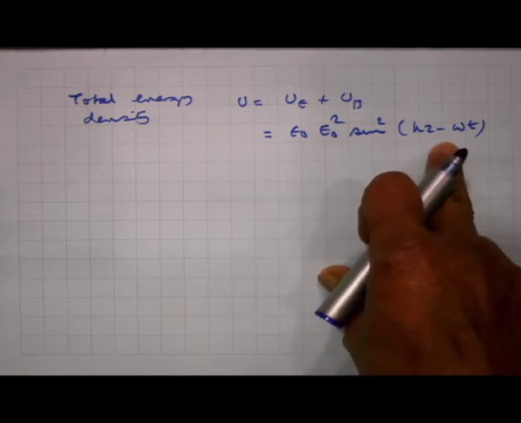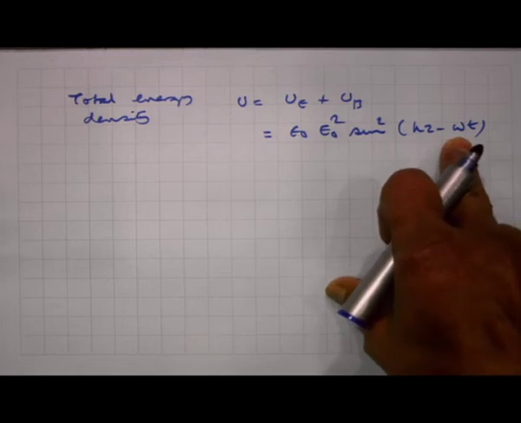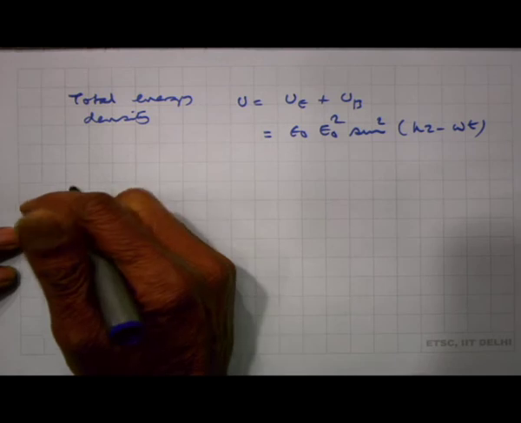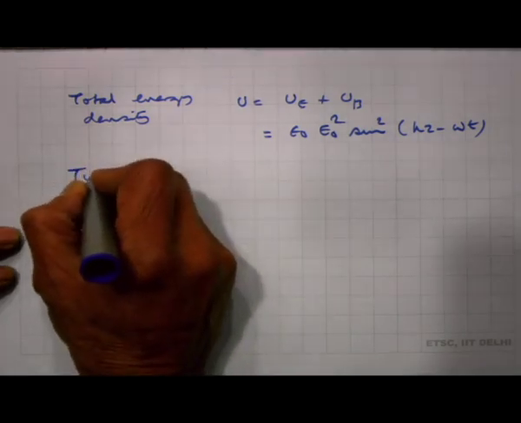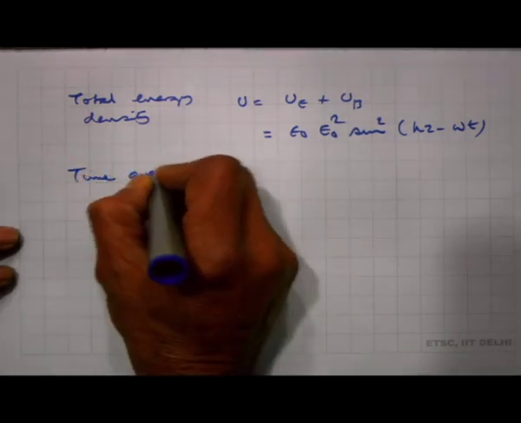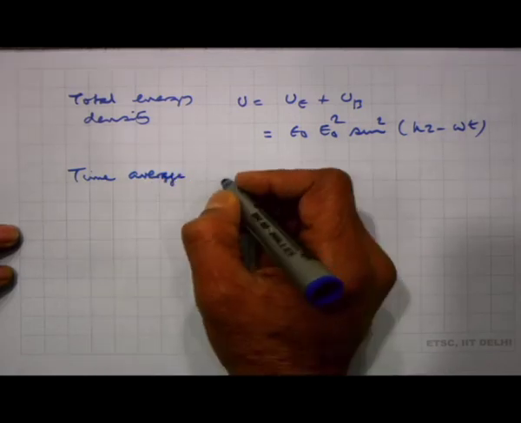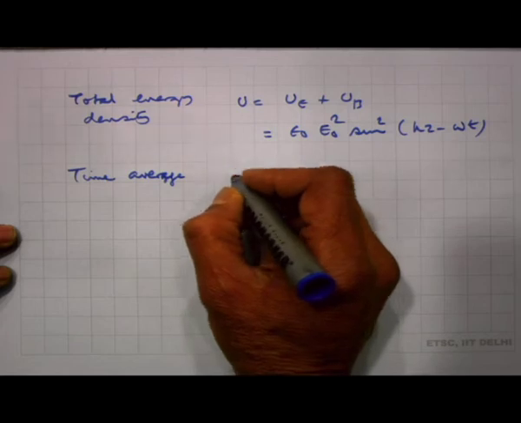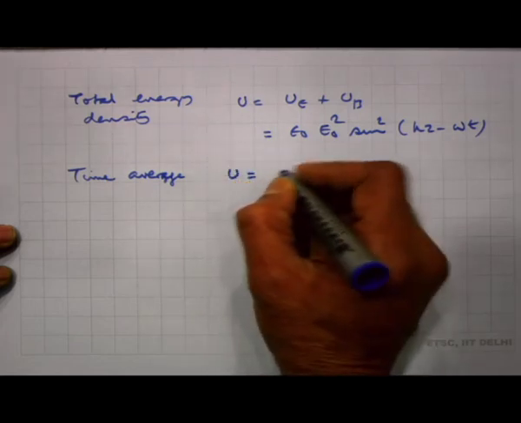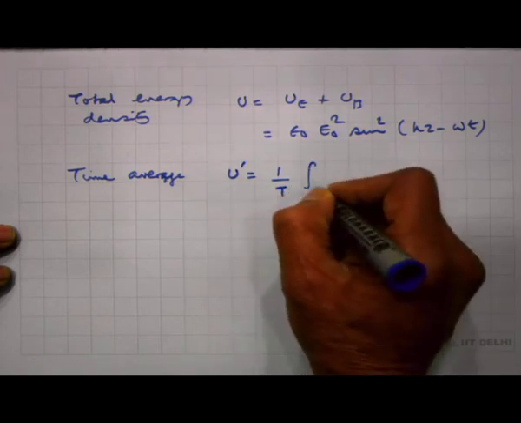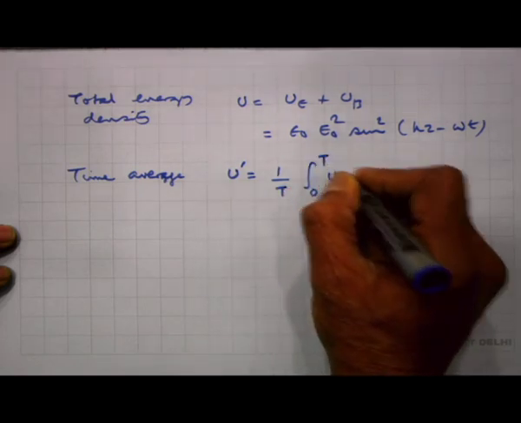Now, at optical frequencies, the frequency is very large, so it is very difficult to follow this. So, what we normally do is to calculate a time average of this energy density. Let me call this u dash, 1 by T integral 0 to T u dt.